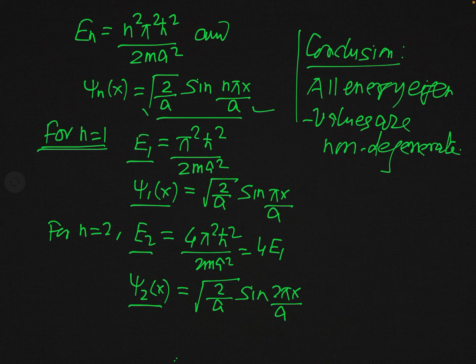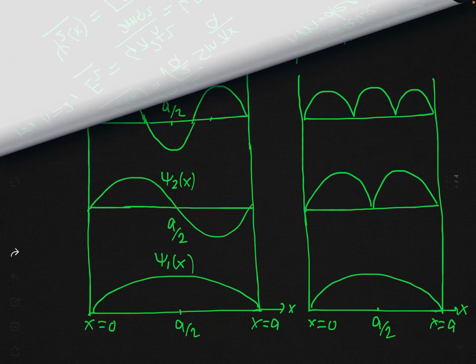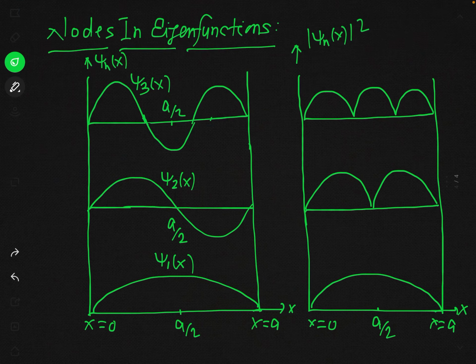But when we discuss the three-dimensional potential box, then you will see that there will be degenerate energy states in that case. So remember, any energy level or any energy eigenvalue in case of particle in one-dimensional box is non-degenerate.